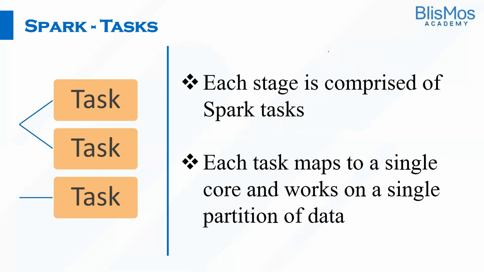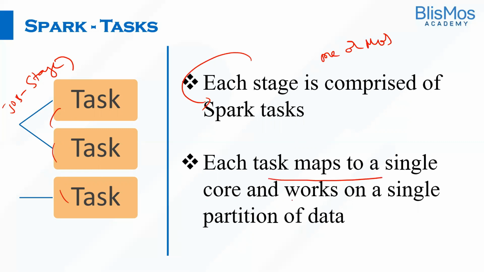As we know, each stage is comprised of one or more Spark tasks. We have job, we have stage. Each stage is comprised of one or more tasks. Each task maps to a single core and works on a single partition of the data.